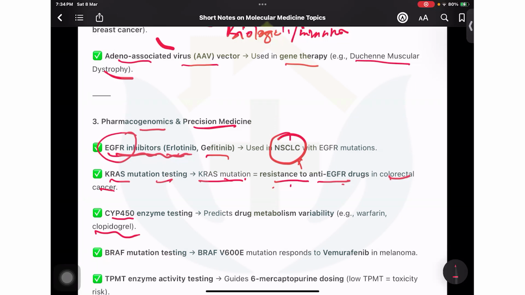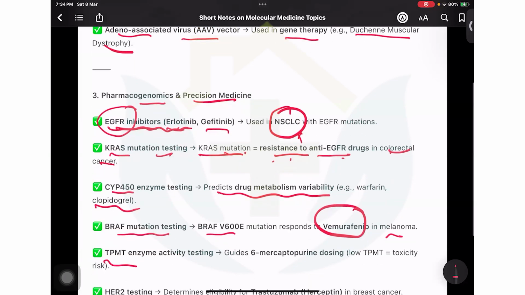Because the patient has a defective cytochrome P450. So the metabolism variability can be predicted if you can check cytochrome P450. Same way BRAF mutation testing. Why? Because BRAF mutation, if present in melanoma, is an indicator that it will respond to a drug known as vemurafenib.